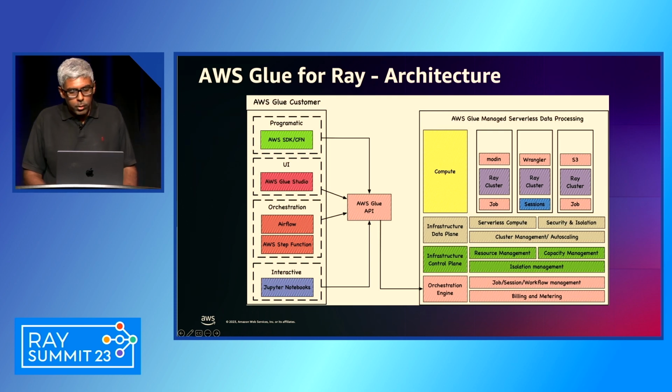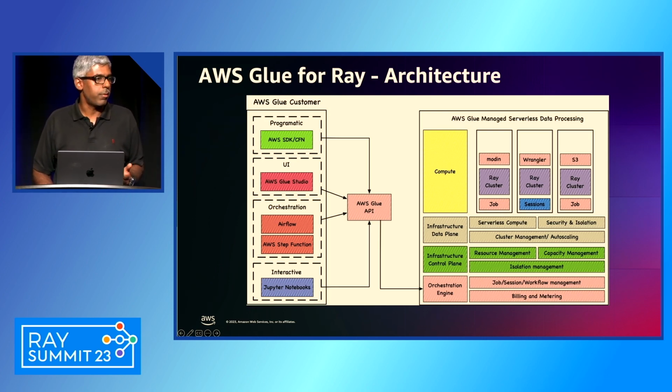Now, when a customer comes to our API and launches a workload, what we give to customers is a dedicated runtime. The runtime is abstracted as either a job or a session. Jobs are fundamentally for asynchronous, long-running workloads, which are mostly triggered through events or some kind of batch execution. The sessions are more towards the interactive experience.